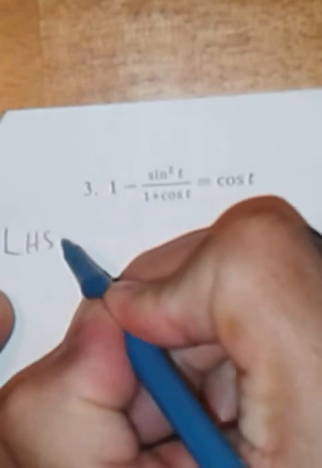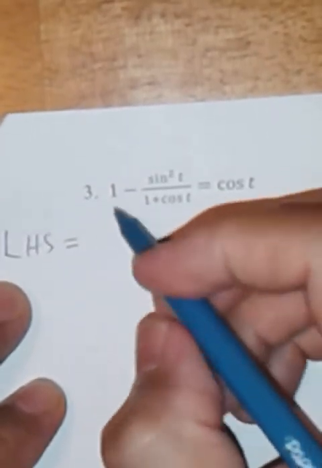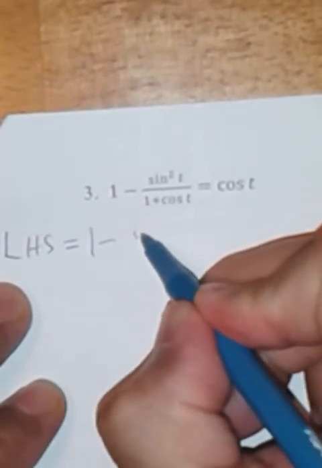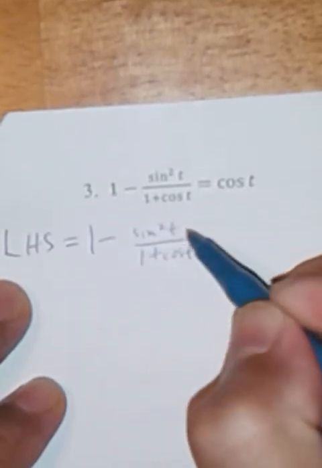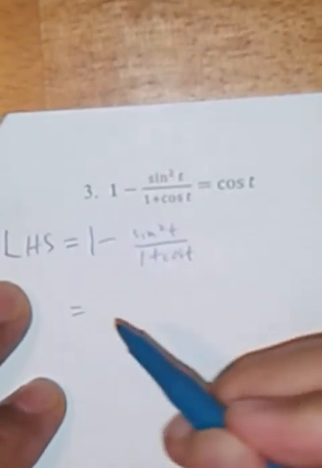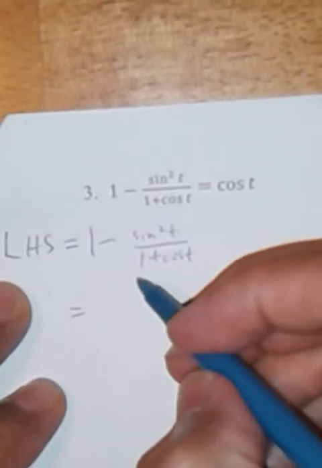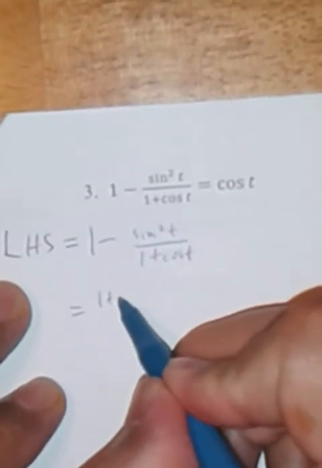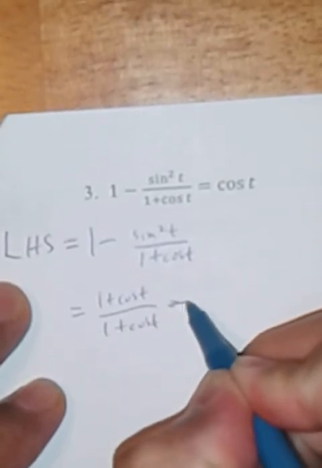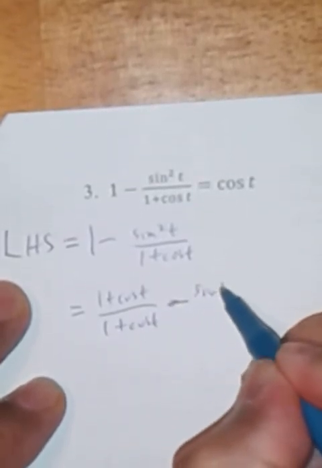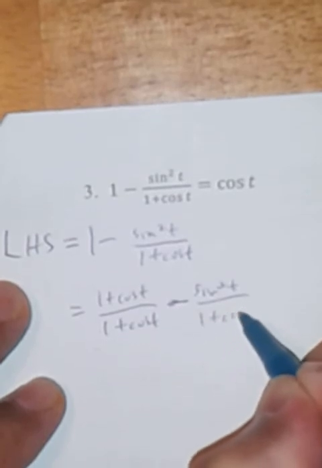I will say LHS equals 1 minus the fraction sine squared t over 1 plus cosine t. I'm going to combine the two terms. The 1 I will write as 1 plus cosine t over 1 plus cosine t, minus sine squared t over 1 plus cosine t.